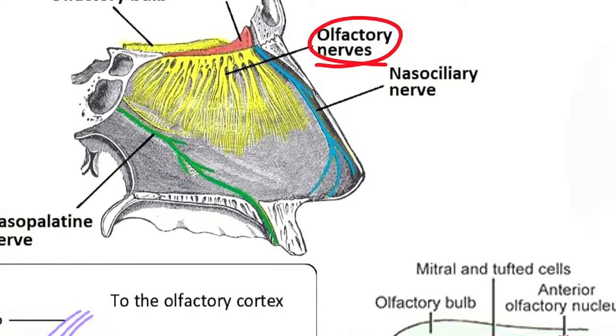Now, one thing you need to remember about these olfactory nerves is the penetration via the cribriform plate. In the frontal bone we have a cribriform plate. These olfactory nerves pierce the cribriform plate and reach the olfactory bulb.